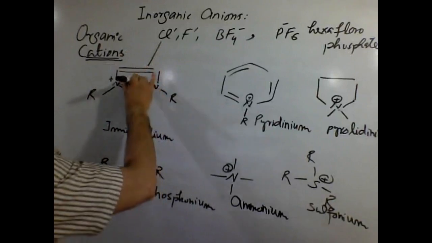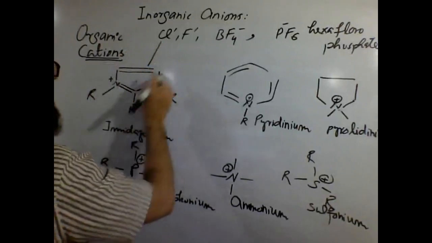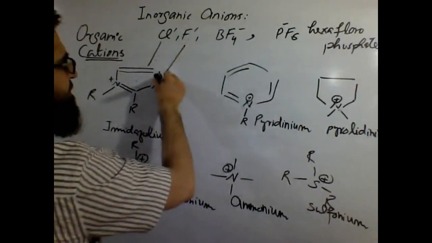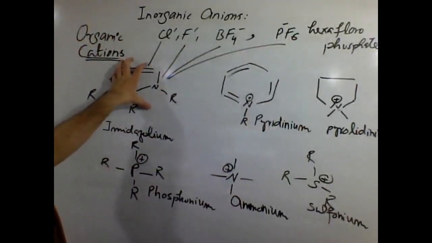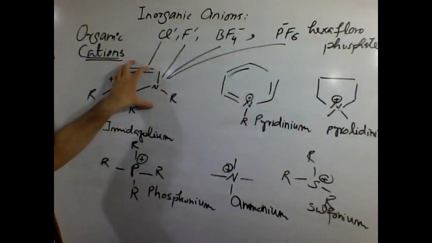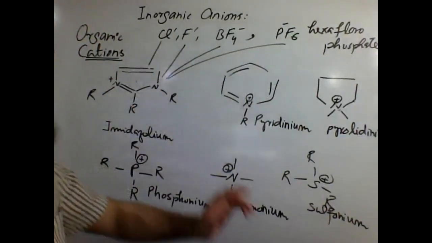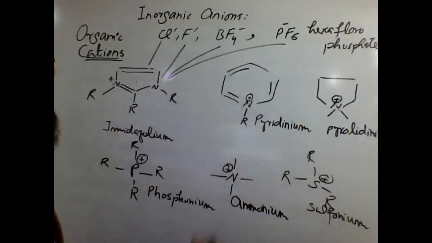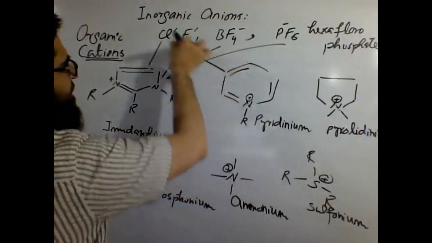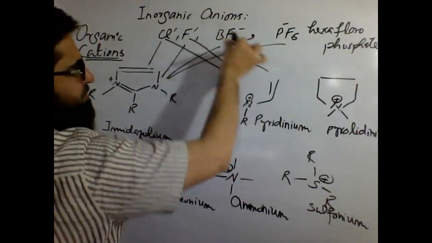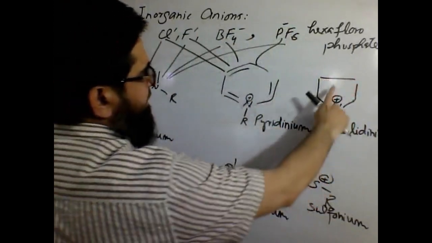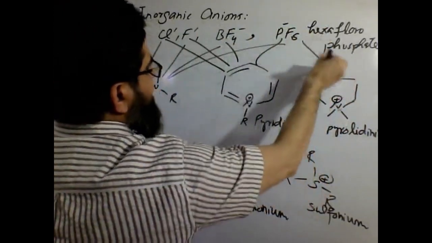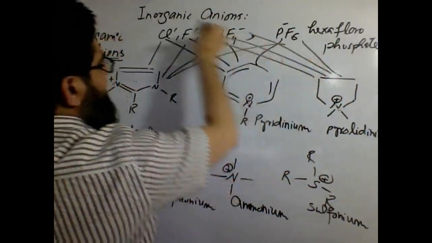Again, you can keep the same cation, use the fluoride, then number 3, then number 4. So you can generate 4 different ionic liquids using just this one. Similarly, you can use this pyridinium with all 4, 1, 2, 3, and then 4. Similarly, you can keep the same cation, but one can change the anions.